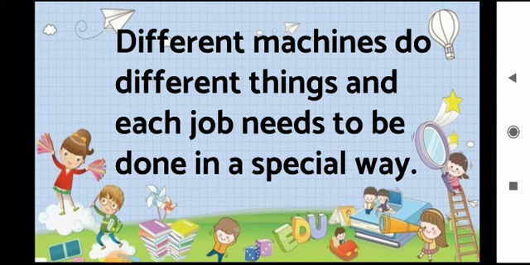Take the example of a tractor. A tractor is used for farming, and there is no use of a tractor for a dentist. So by this we can conclude that different types of machines or tools are used by different types of professionals.